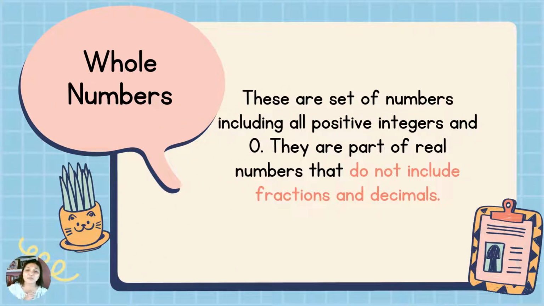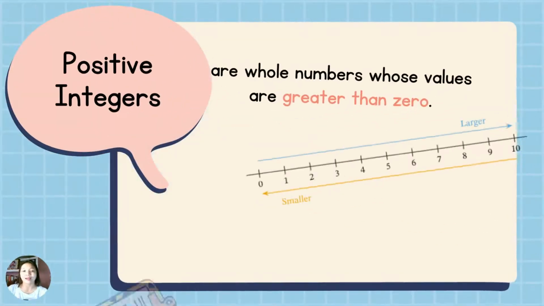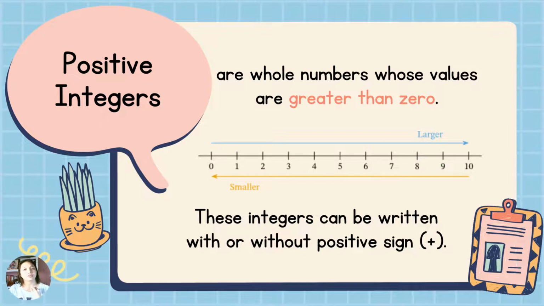When we say whole number, these are set of numbers including all positive integers and zero. Hindi po kasama dito ang mga fractions at ang decimals. So, ulitin ko po, whole numbers do not include fractions and decimals. Walang fractions, walang decimals, just whole number.